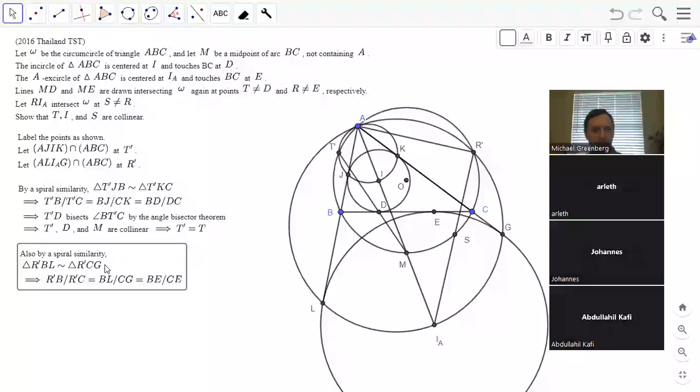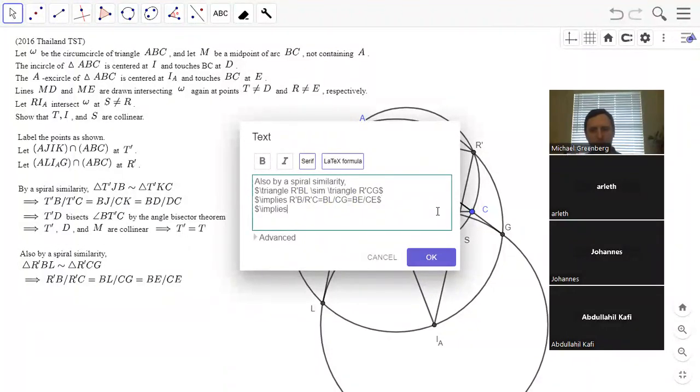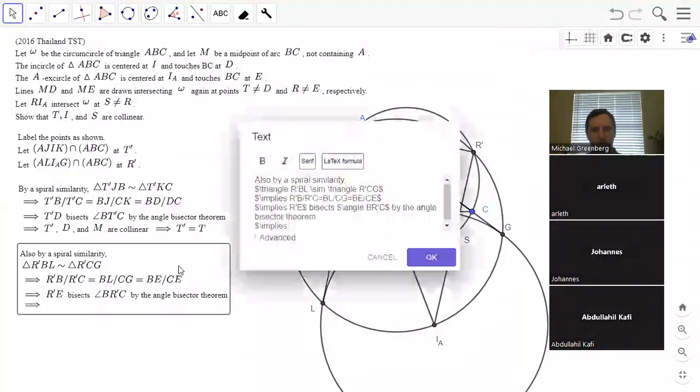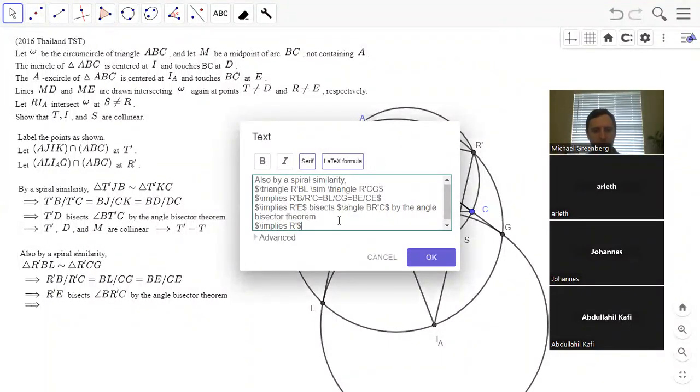So by the angle bisector theorem, R prime E bisects angle B R prime C. And that implies that R prime, E, and M are collinear, which means that R prime equals R.